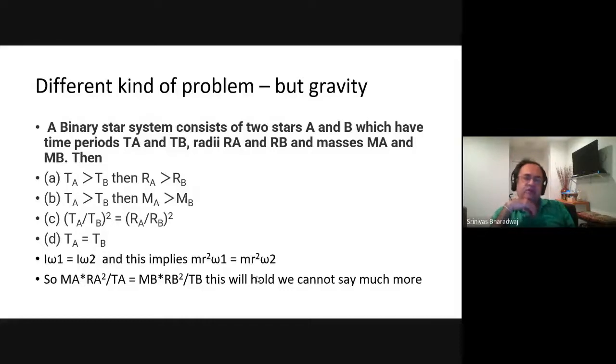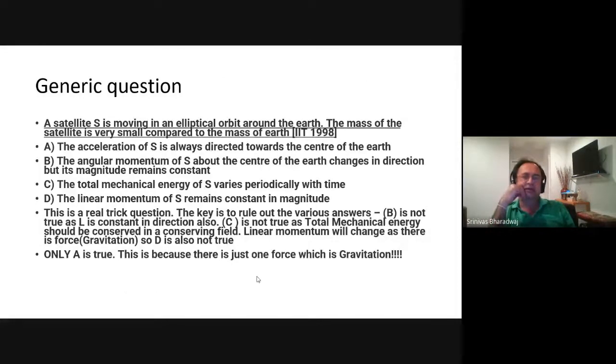Well, you can say T square will be proportional to R cubed, but that is true only when the masses are the same. Masses are not the same, right? So the only thing you can say is M R square omega will be the same, right? TA equals TB, none of these things are really true in reality. So anyway, let's go off that problem. You really cannot say any of those choices.